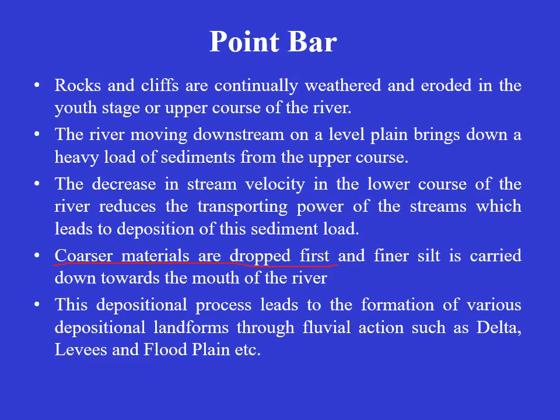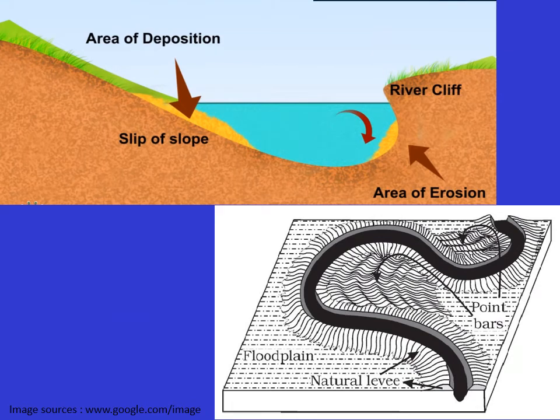That means with continuation of channel migration, with more and more meandering of the river, the point bar also keeps shifting its position, and thereby finer materials come over the coarser particles. So if you look at the vertical sequence of the river, you can see in this picture also, when the channel is in this condition, erosion occurs here and deposition occurs here.